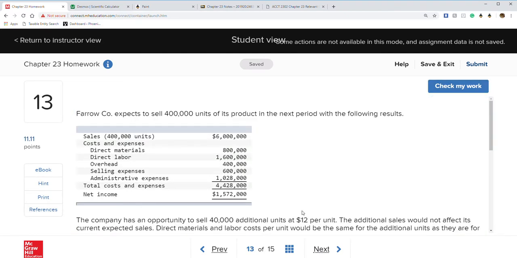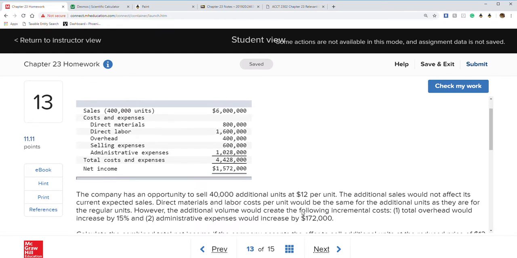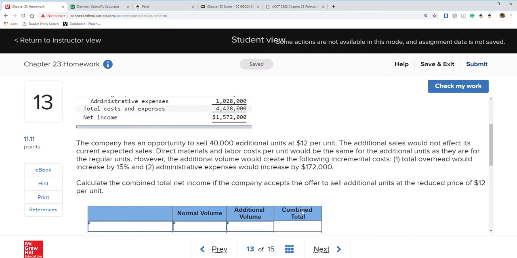Question 13. Okay, well again, we're expected to sell 400,000 units. It gives us all this material over the next period. The company has an opportunity to sell 40,000 additional units at $12 per unit. The additional sales would not affect its current expected sales, of course, because these are additional units.